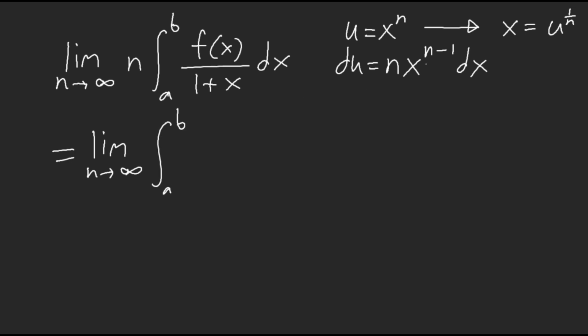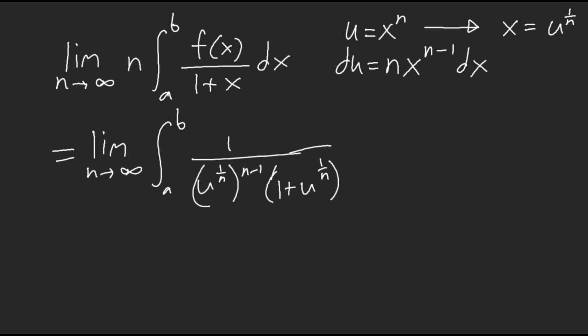So, let's say we have x to the power of n minus 1, but x is equal to u to the power of 1 over n. So n minus 1. And then here we have 1 plus x, which is 1 plus u to the power of 1 over n.